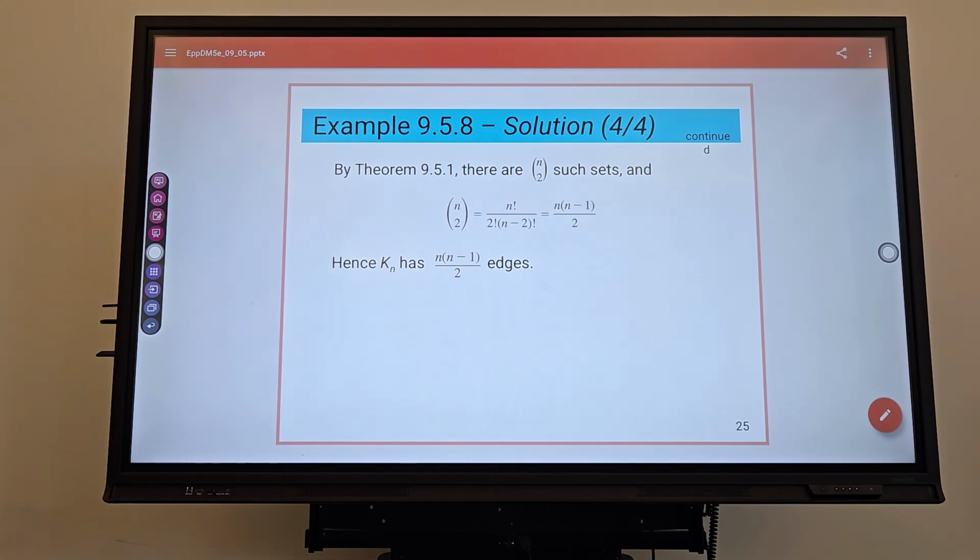And n choose 2 is equal to n factorial over 2 factorial times (n minus 2) factorial, which simplifies to n times (n minus 1) over 2. Therefore, K_n has n times (n minus 1) over 2 edges.